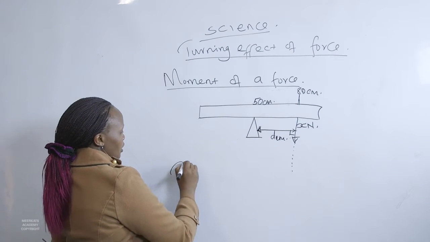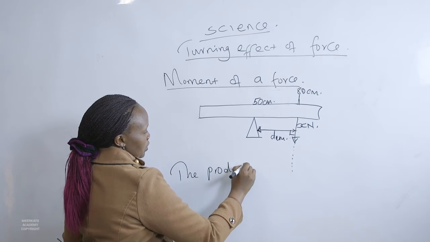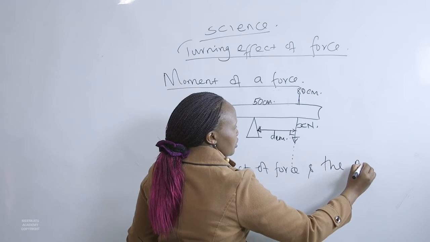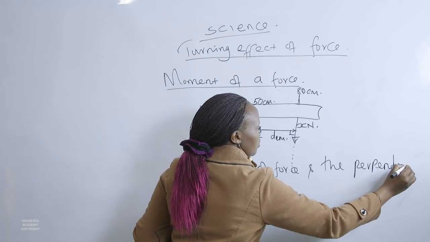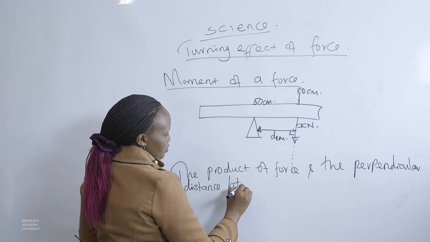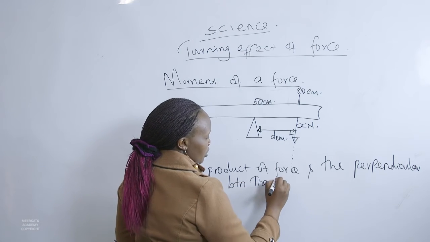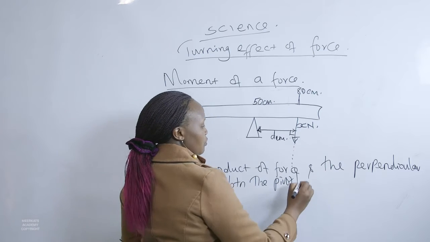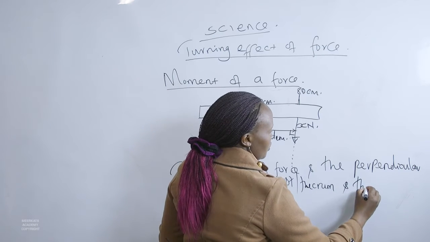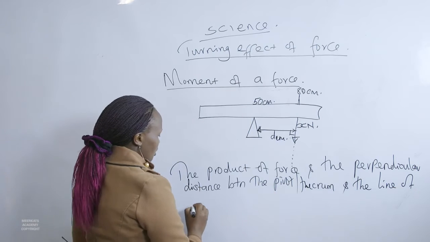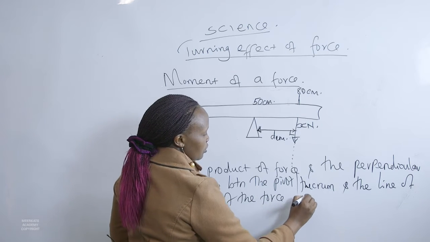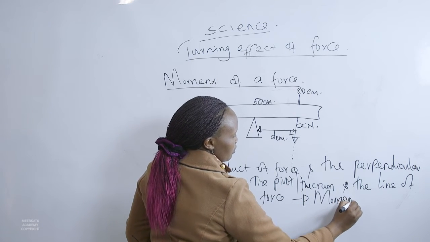Now, the product of force and the perpendicular distance between the pivot or the fulcrum, if you may, and the line of action of the force is what we call moment of the force.